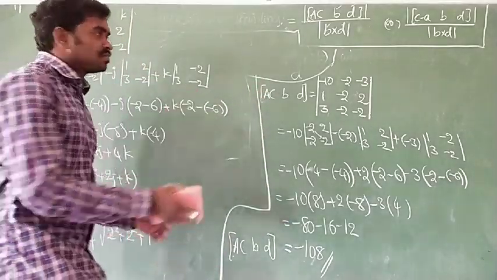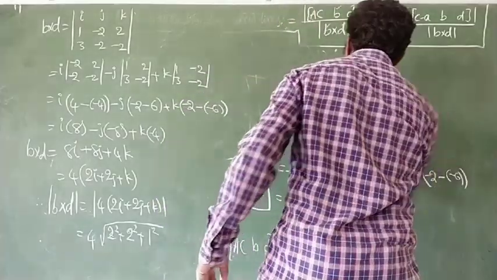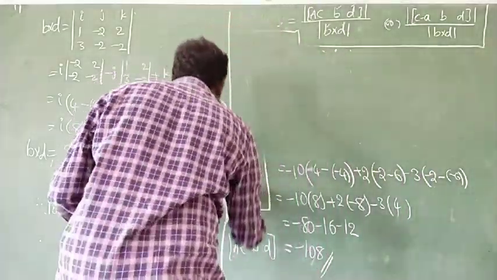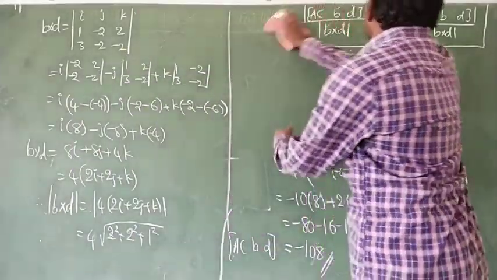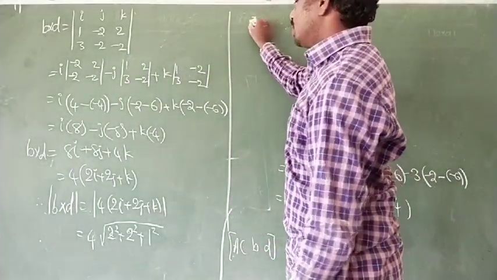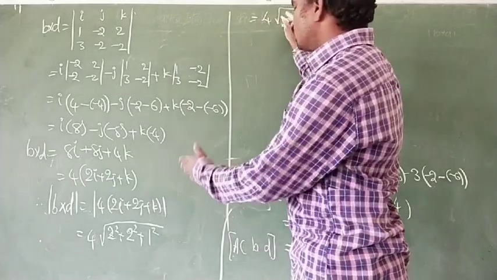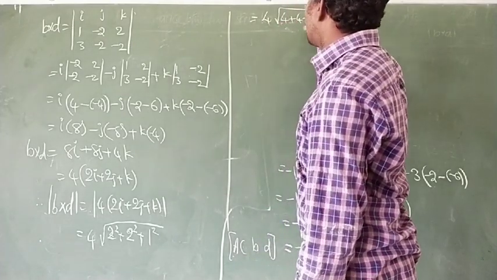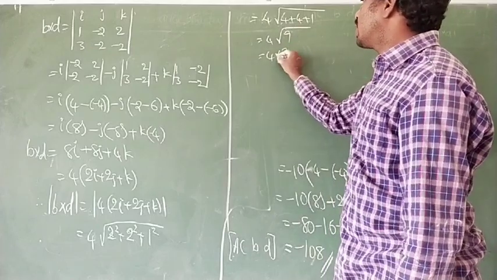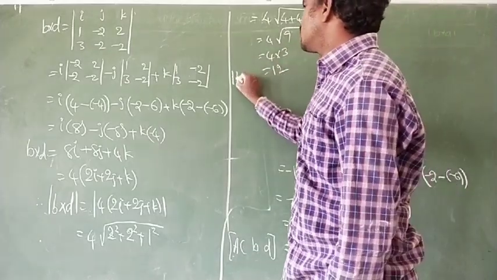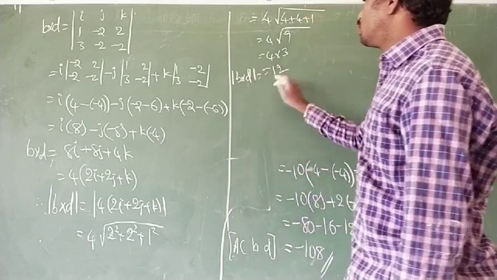Okay. So next, we get which is equal to 4 into root of 2 square 4, plus 2 square 4, plus 1, which is called 4 into 9, root 9 means 3, 4 into 3 means 12. So modulus b cross d is equal to 12.